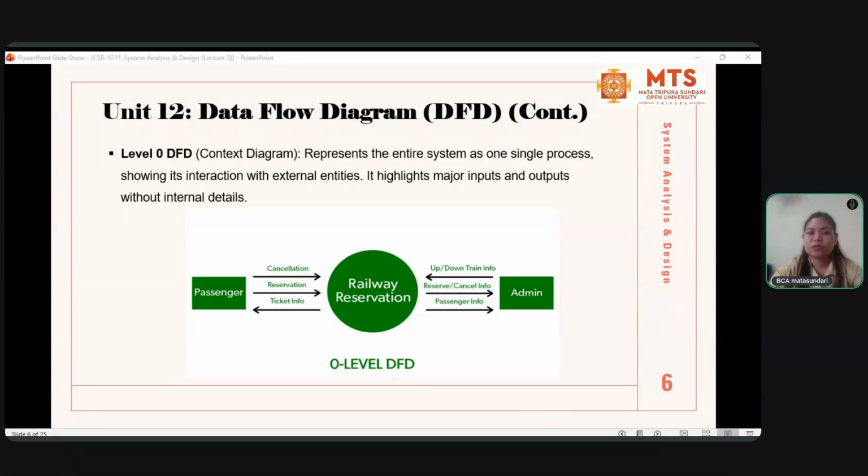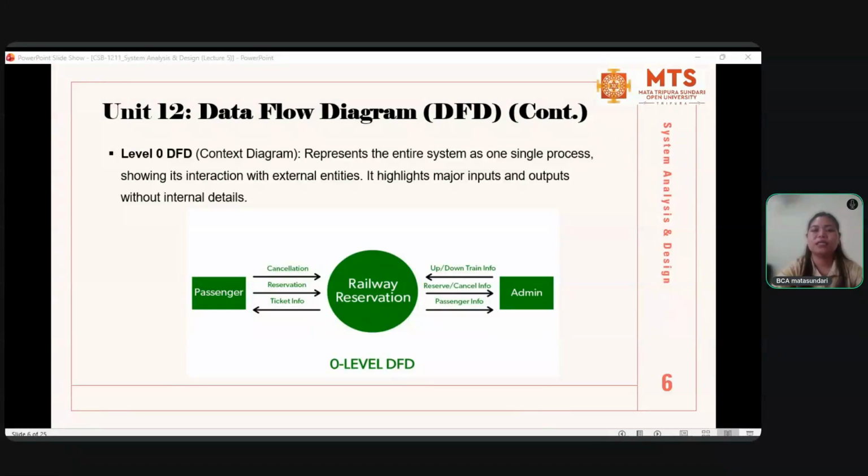This single process shows its interaction with external entities. It highlights major input and output without internal detail. Internal details they don't show, just the external overview of the flow of data with the external entities.